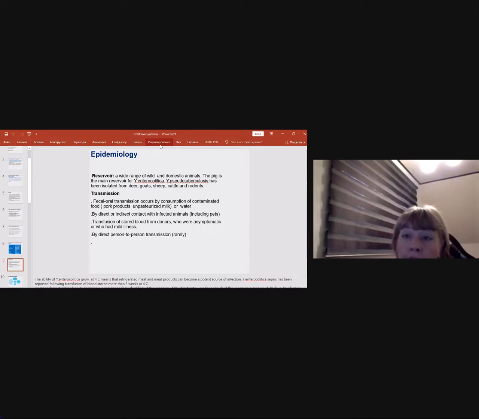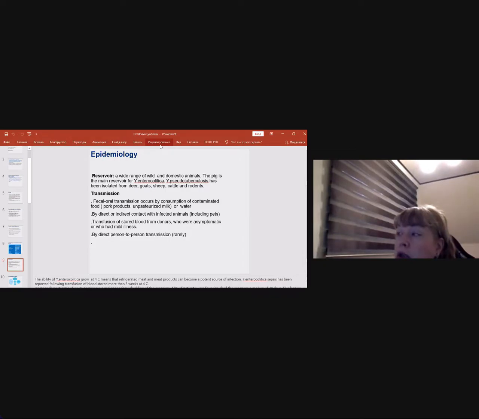But after the operation, she again had subfebrile temperature and diarrhea. And one surgeon asked me to examine this patient. And before examination, I asked her about epidemiological anamnesis. And she said it was in spring, it was March, and she consumed vegetable salads from cabbage and carrot every day.